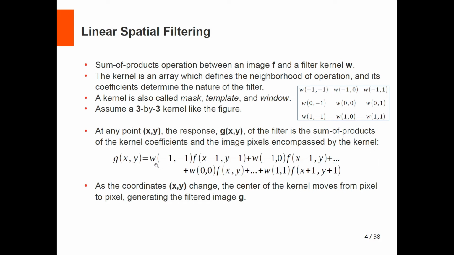So as you can see, each one of these weights is multiplied by one pixel, and then they all are summed together to create the final result for the image. As we change the coordinates of x and y, we basically move the center of the kernel, so it goes over all the pixels inside the image.